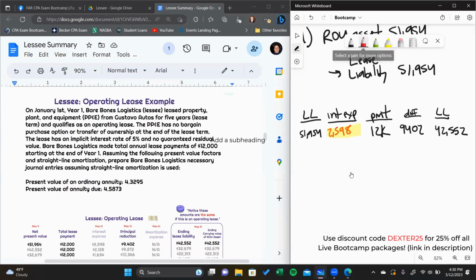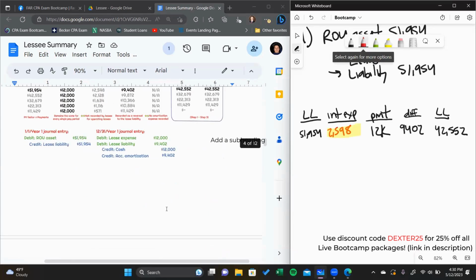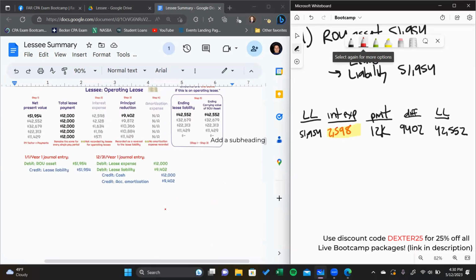We don't record any interest expense with operating leases. Instead, we record lease expense. So that's a defining feature of operating leases. With finance leases, we don't have lease expense. We have interest expense and amortization expense. But with operating leases, we just record lease expense every period. And the lease expense is going to be equal to the payment that we make.